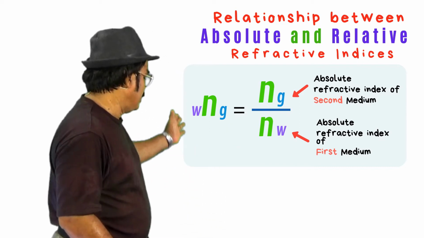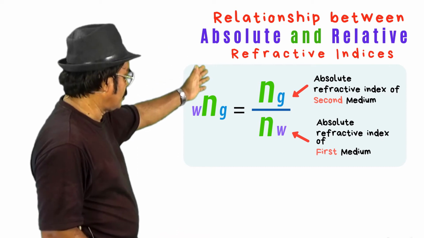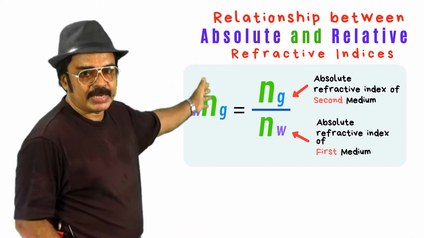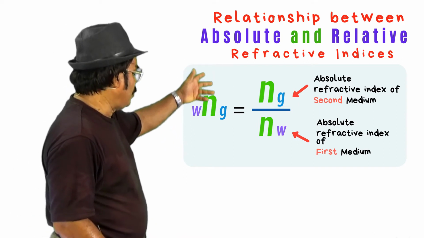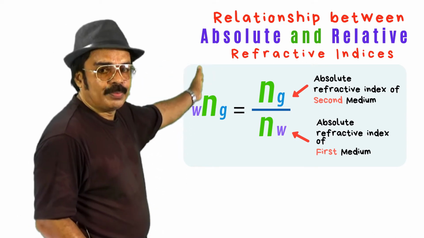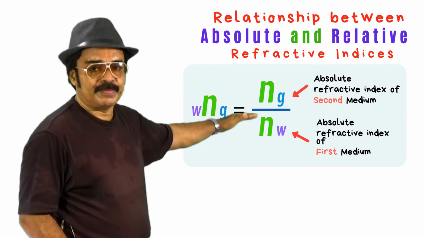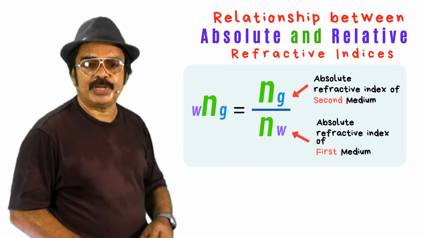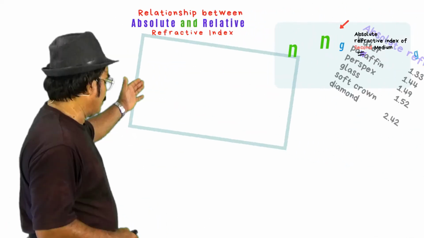For example, W nu G is like going from water to glass. That refractive index can be found when you divide the absolute refractive index of glass by the absolute refractive index of water. So that is the relationship, right?